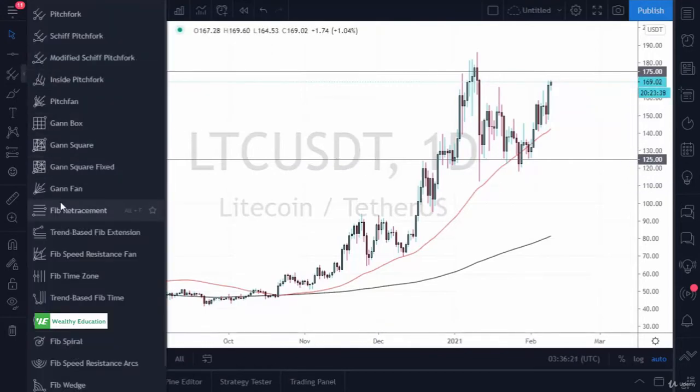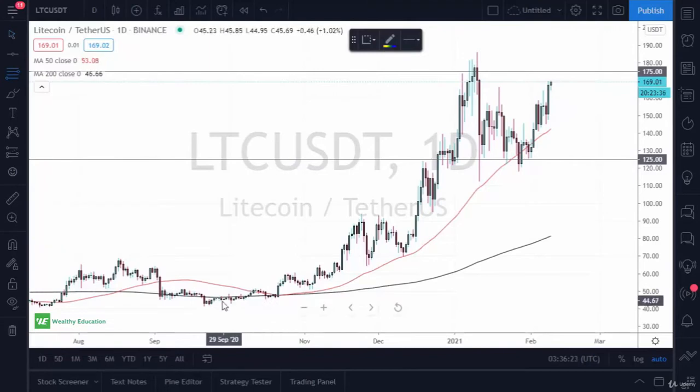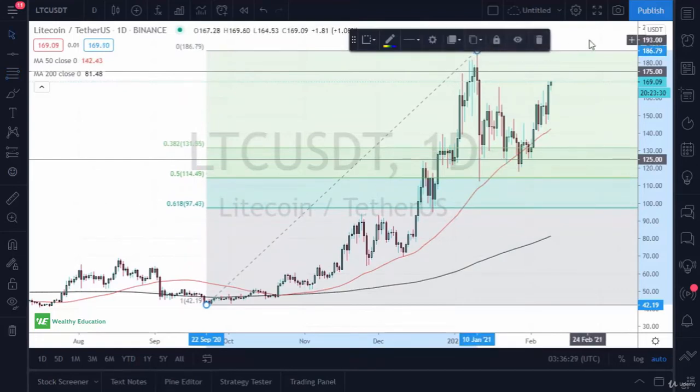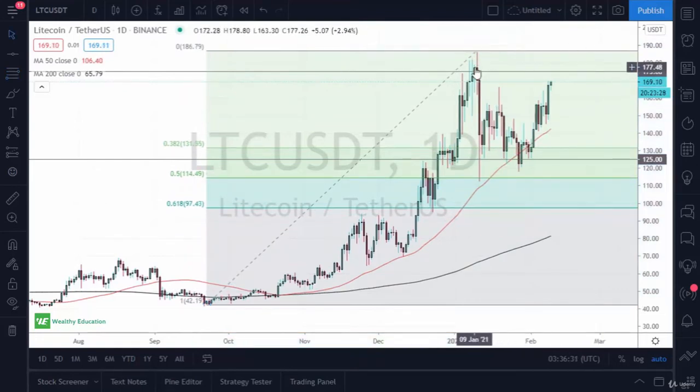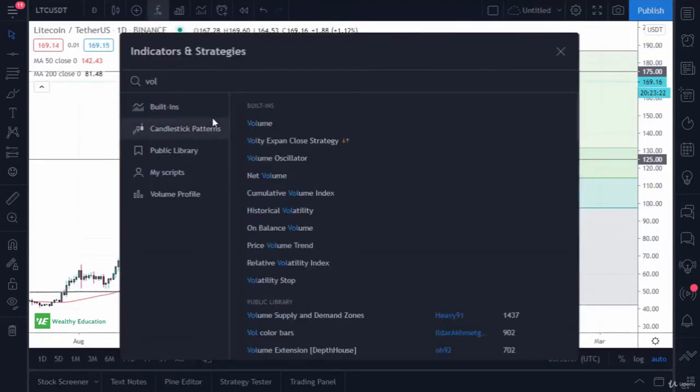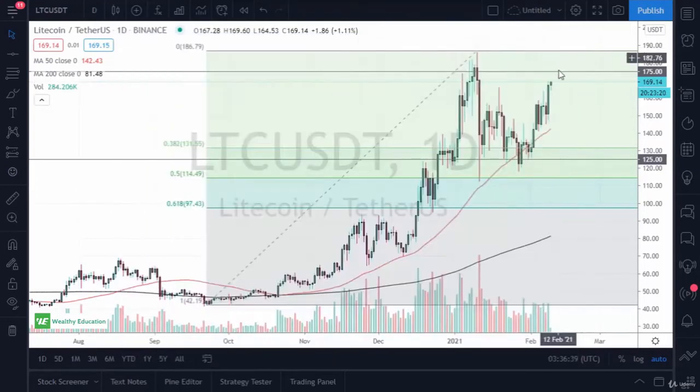Let's take a look at the fib retracement tool. And so notice we had a massive pullback here on this particular day. And in fact, I'm going to go ahead and put volume up because I have a sneaking suspicion that there's massive volume here.